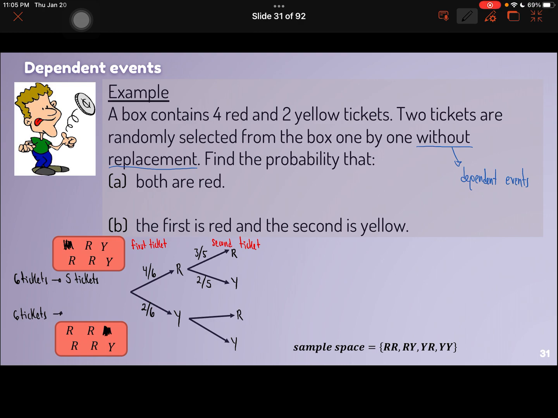Now we have 5 tickets, and then for the second ticket we observe that there are 4 out of 5 for the red option, and we have only 1 for the yellow, so this is going to be 1 out of 5.